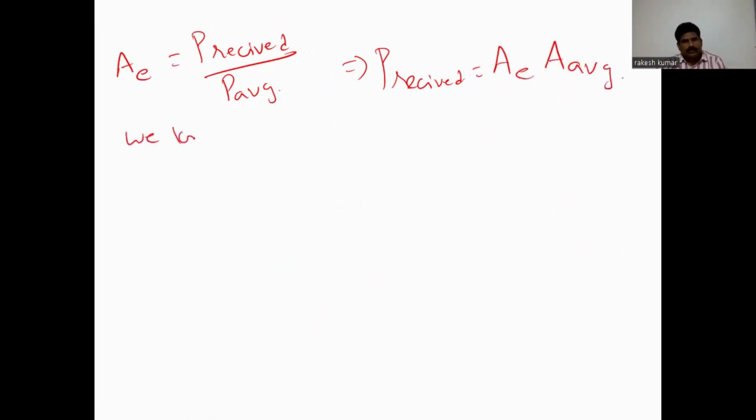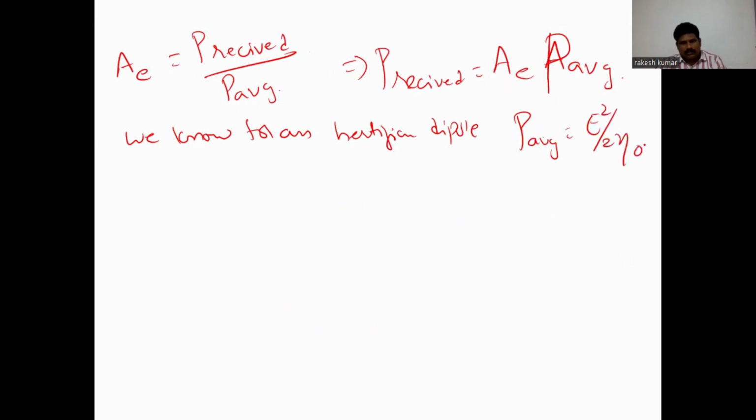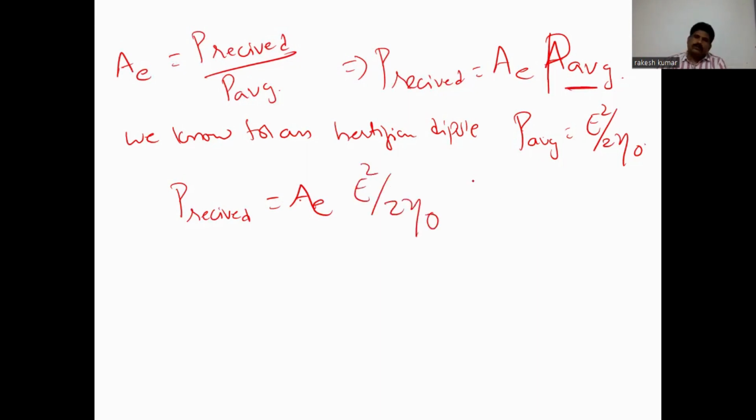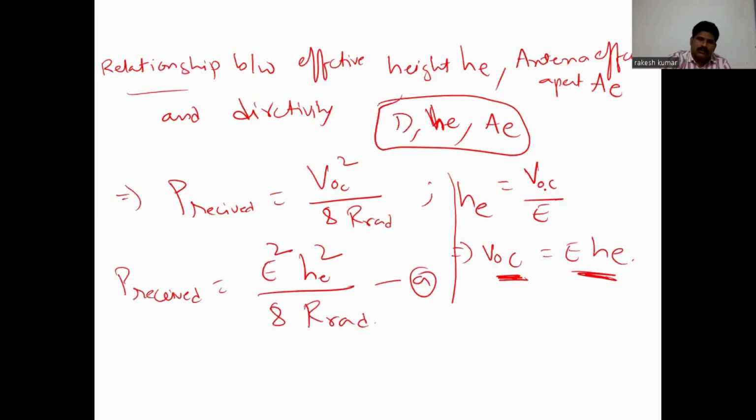We know that for a lossless antenna, the P average is equal to E squared by 2 eta. So simply substituting, P received is equal to A times E squared by 2 eta.